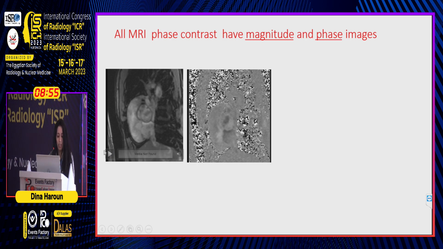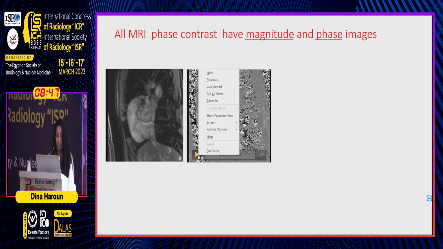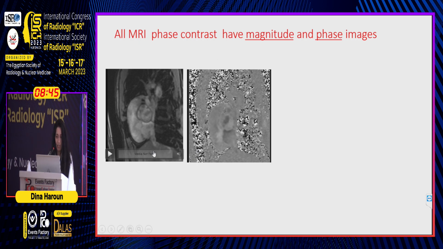Here. It's not working. This is the magnitude and the phase contrast images of the flow. It's supposed to be in the video.